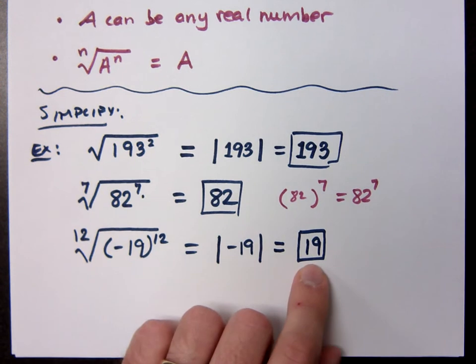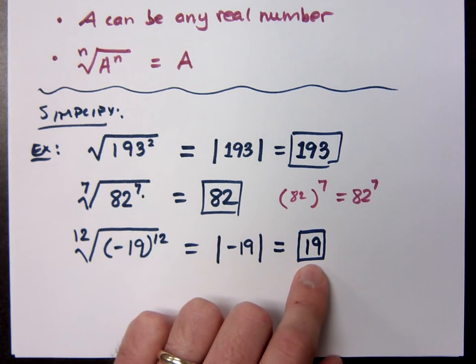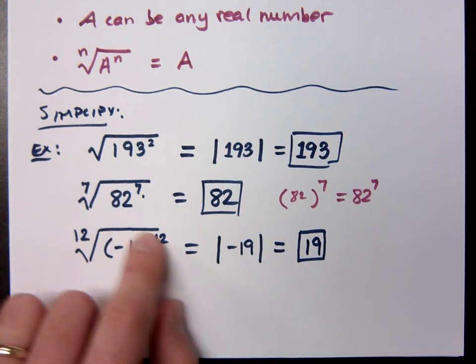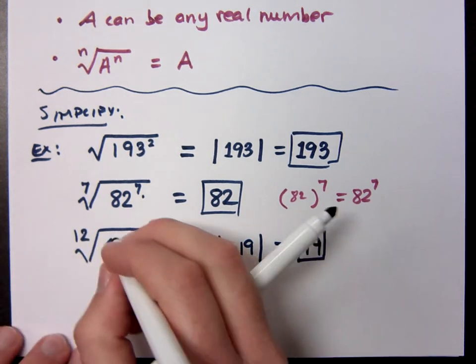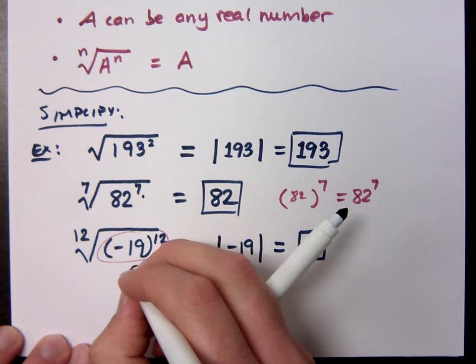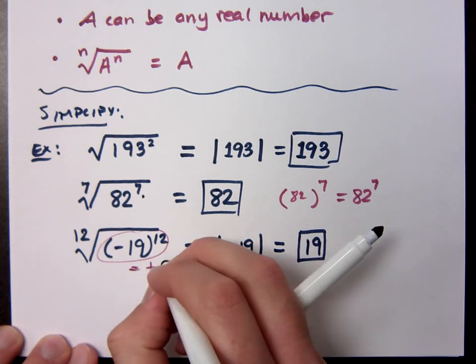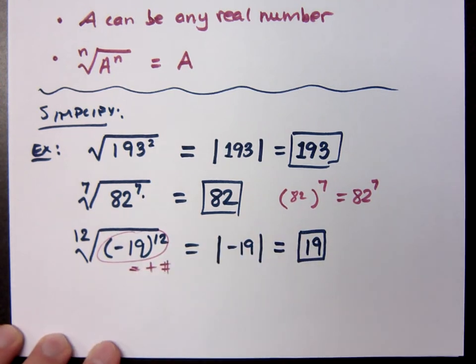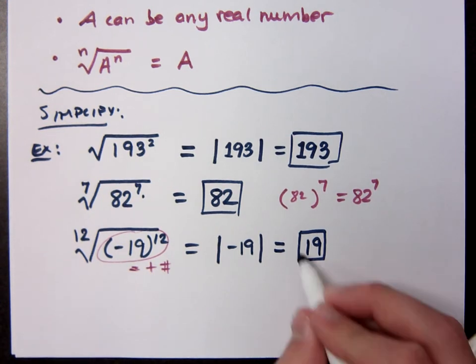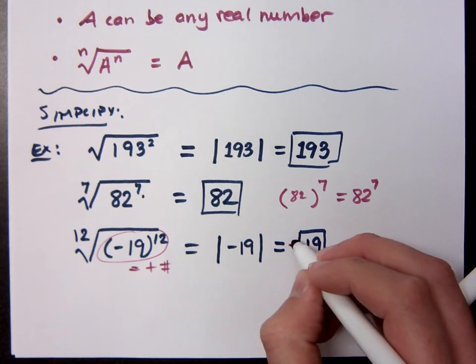It's going to have to be positive, right? If all of this stuff right here is equal to some positive number, then when you take the radical of that, the 12th root or whatever it is, it has to be a positive number.